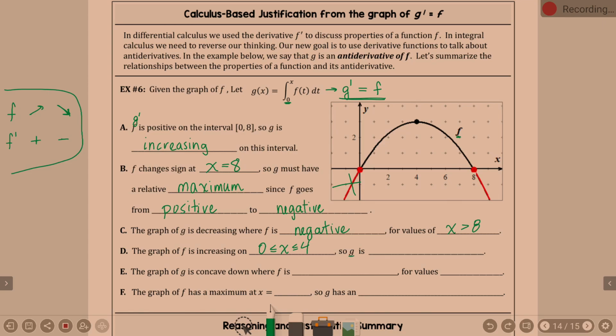We're asking about G. And it's the fact that F is, what was the word we used? Accumulating at an increasing rate. Is that what it said on the other page? It's back to that same idea, increasing rate. So it is concave up.